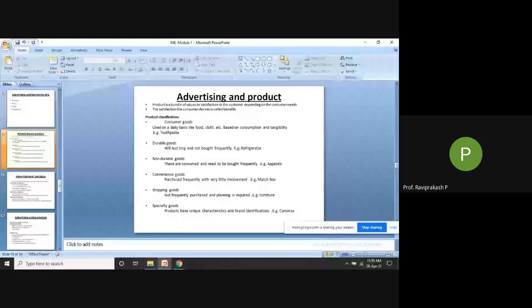Next is durable goods. So what are durable goods? Durable goods are goods which, once you buy, you use for many years. They last long and are not bought frequently, like your refrigerator, your TVs, ovens. All these things you buy very rarely. Once you buy, you will not look to buy those products for years together.